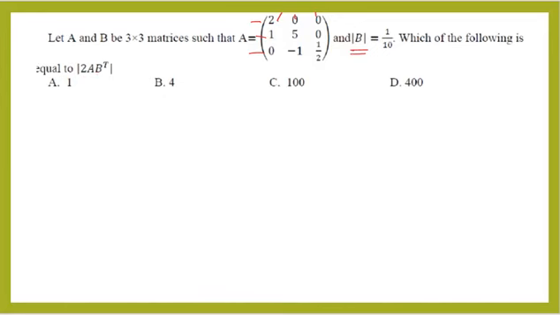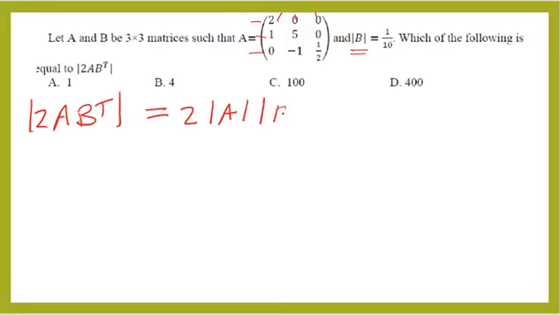By the way, the determinant of 2A B transpose is the same as 2, it's a constant, so you can take it out, times the determinant of A times the determinant of B transpose. We can write it in this form. And as a note, remember, the determinant of B is the same as the determinant of B transpose.